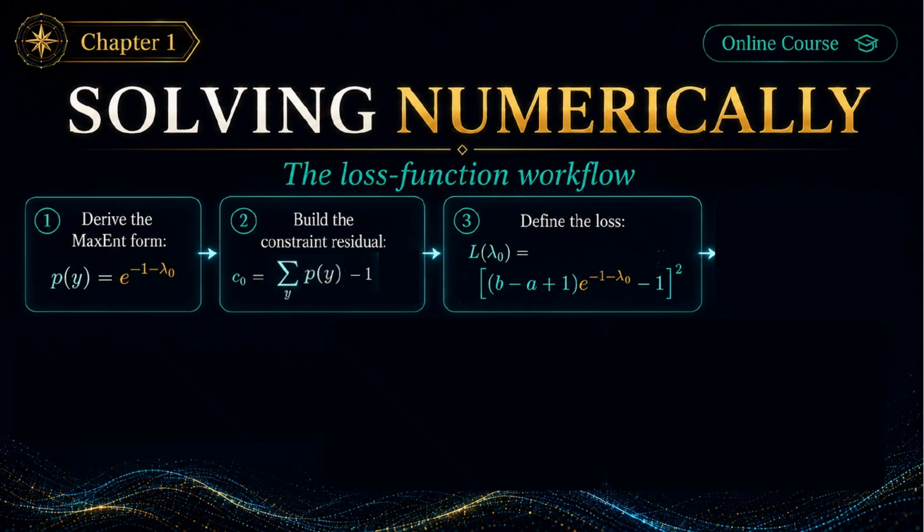So our probability distribution is e to the negative 1 minus lambda 0. And if we do that for every possible value, well, how many possible values are there? We previously found that it's b minus a plus 1, because we have a discrete distribution that goes from a to b, and that's how many terms are in that range. Now, this defines a residual, our loss, so to speak, and we're squaring it.